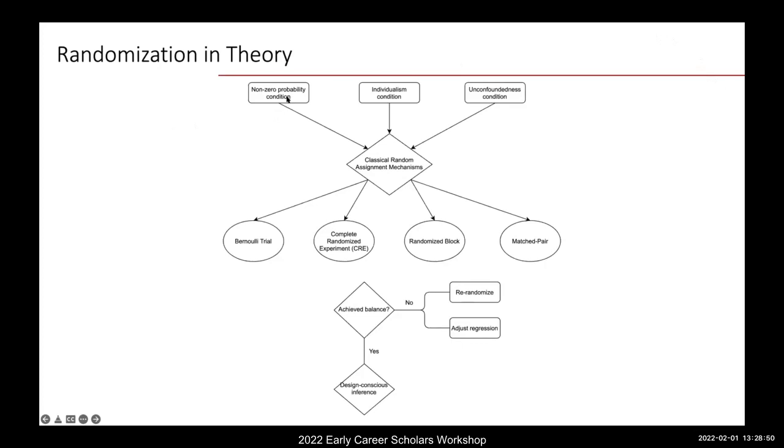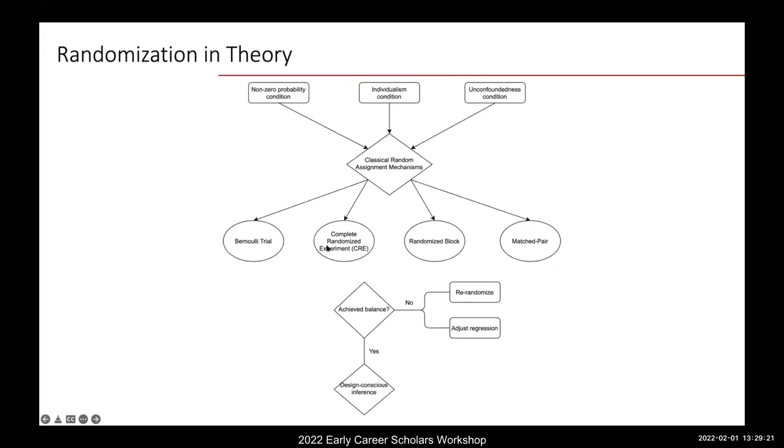The non-zero probability condition is what we have talked about before in terms of overlap: everybody has to be able to receive the treatment with a non-zero probability. The individualism condition and unconfoundedness are conditions that have to do with the independence assumption, but we're going to talk about this in a second.